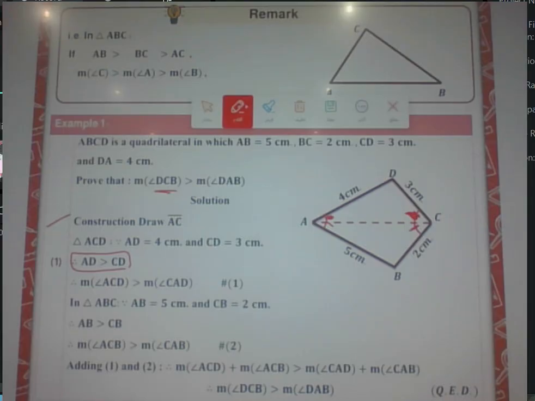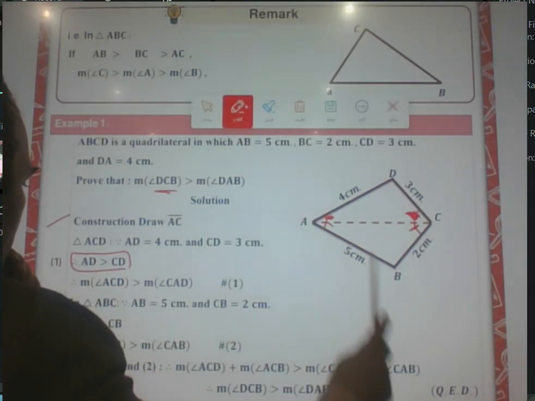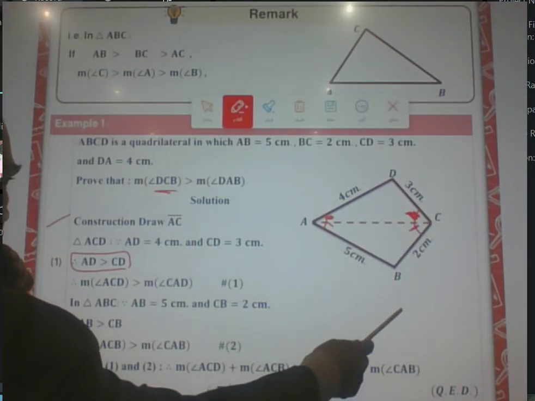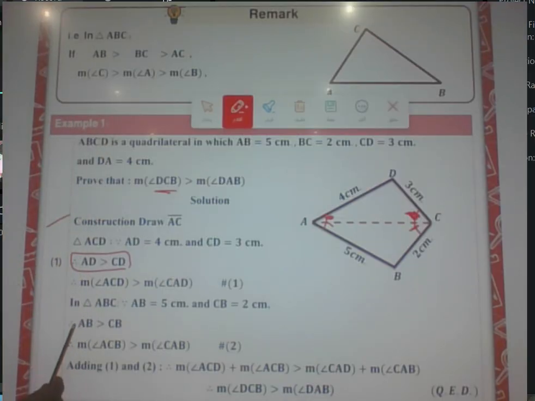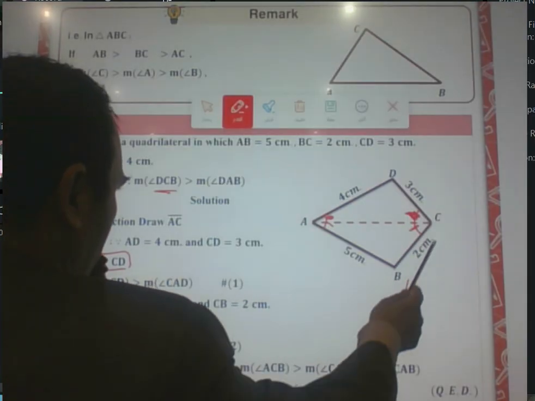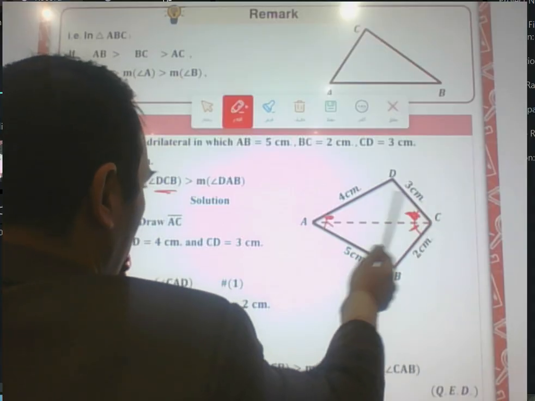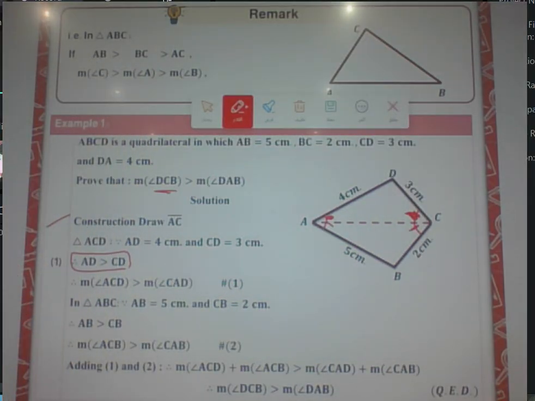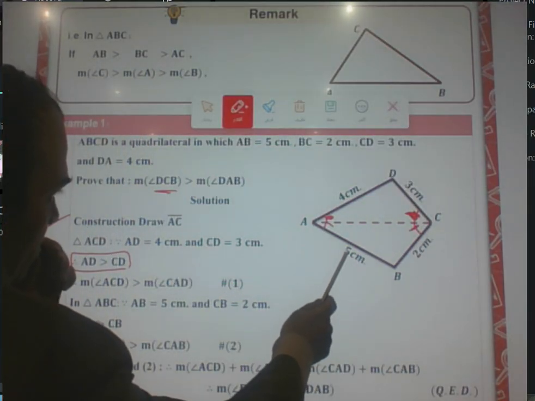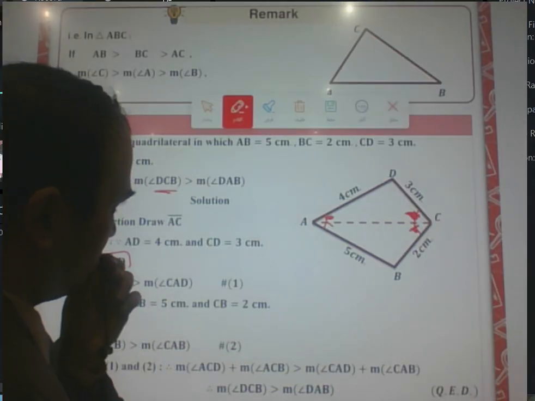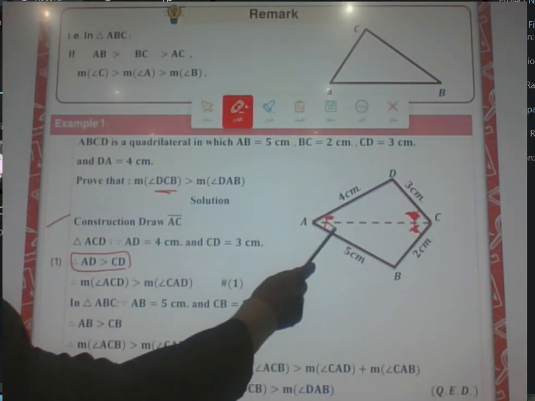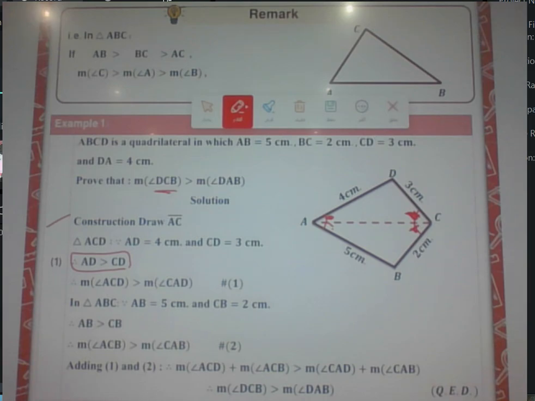And also in the other triangle, down BCA, we have AB 5 centimeters and BC 2 centimeters. AB is greater than BC, they are different sides. Then the side BA is opposite the measure of angle BCA, so the measure of angle BCA is greater than the measure of angle BAC.